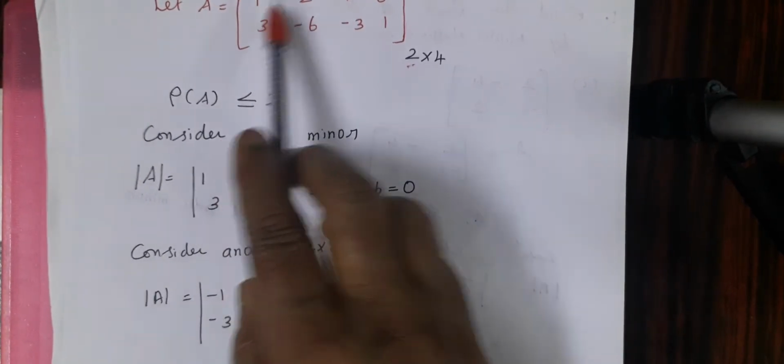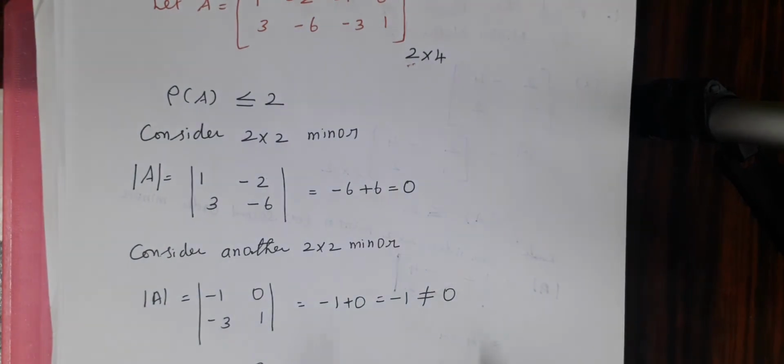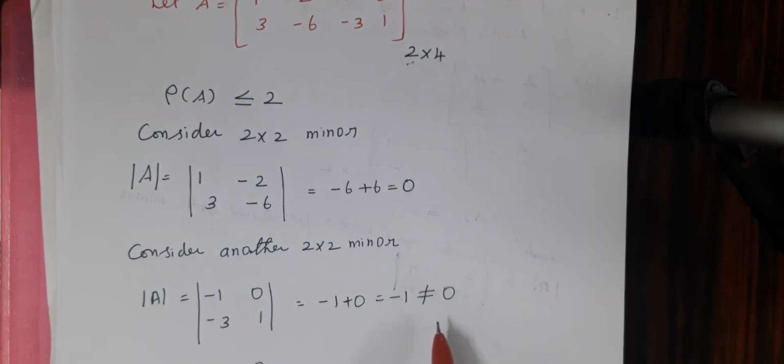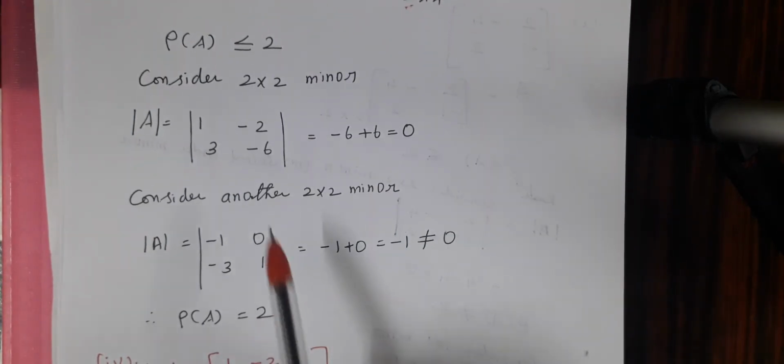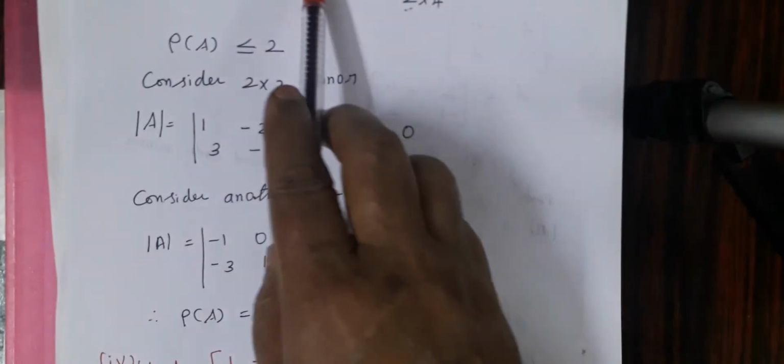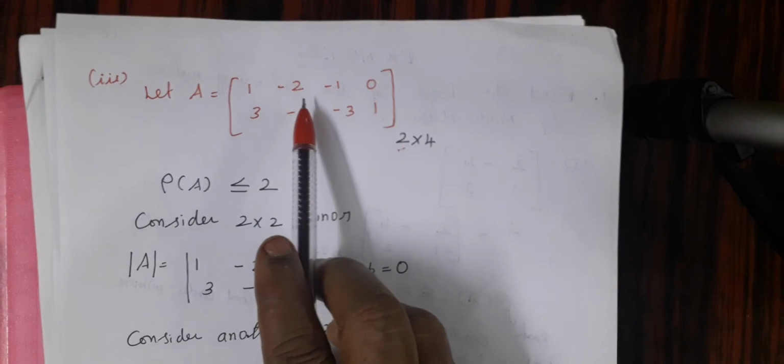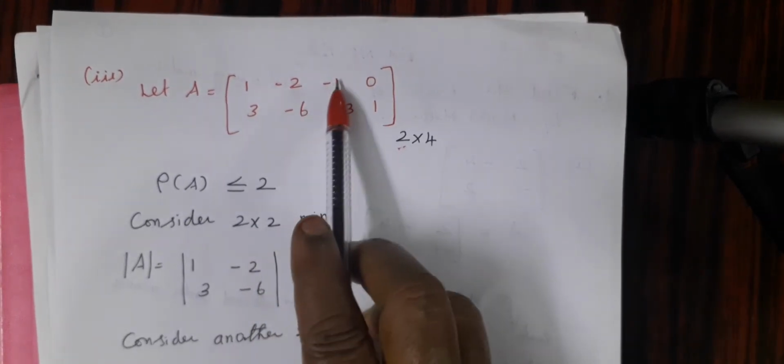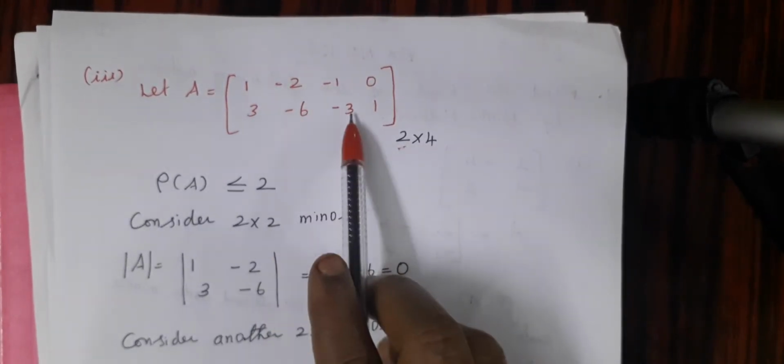Now we go to 1, 0, 3, 1. See, if any one of the 2 by 2 minors is not equal to 0, that is the rank for this one. The first minor is 0. The second minor also: 2 times 3 is 6, 1 times 6 is 6, 6 minus 6 is also 0. So we take the other minor, 1, 3, 0, 1.